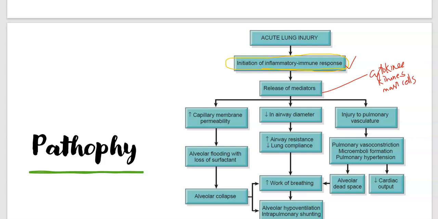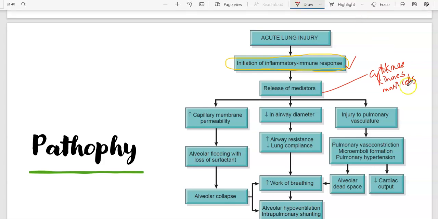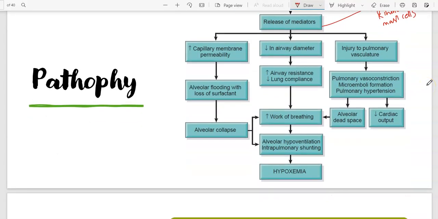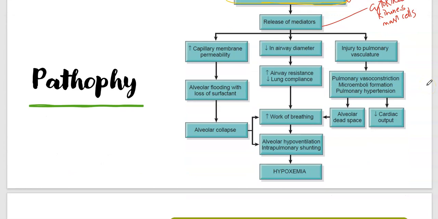Now, when these are released, these chemical mediators create a cascade of events. And these are the cascade of events that are actually seen. So there is increased capillary permeability, membrane permeability.